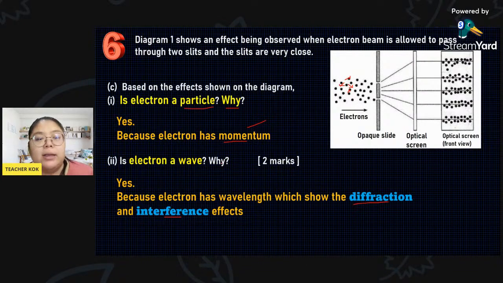They combine that the photon is a particle and also a wave. From here, they take the electron as one of the photon because the mass is very, very small. So we just answer yes, then give the reason. Remember, for particle, the reason is momentum. If you say wave, then you must say diffraction and also interference.